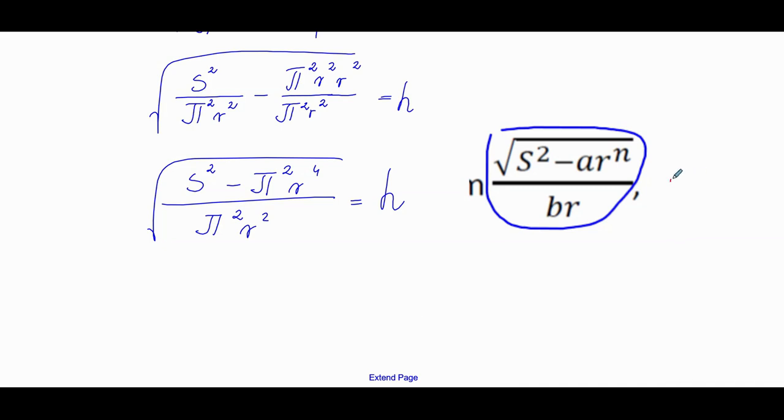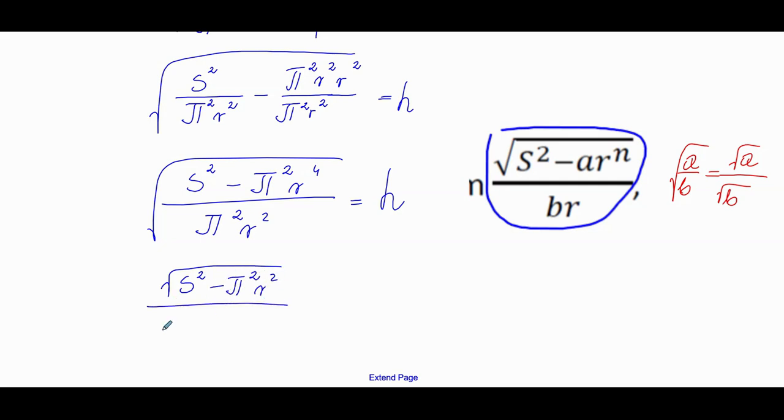So what can we do? Well, when we have a fraction under the square root, we can take the top of the fraction under the square root and then the bottom of the fraction under the square root. So let's apply that.